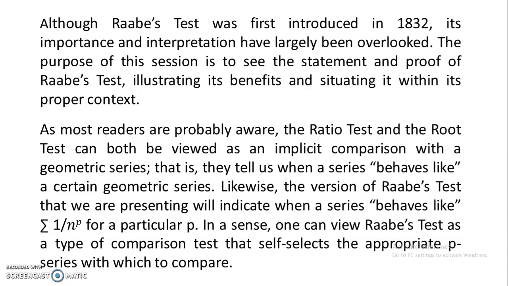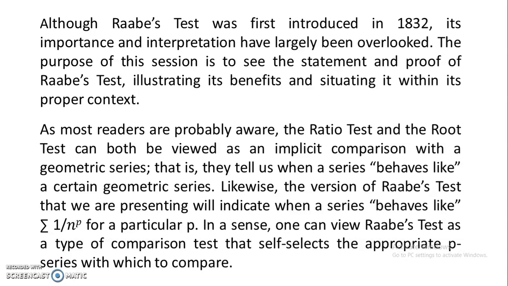As most readers are probably aware, the ratio test and root test can both be viewed as an implicit comparison with the geometric series. That is, they tell us when a series behaves like a certain geometric series.